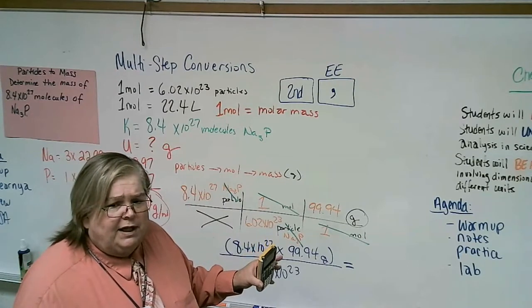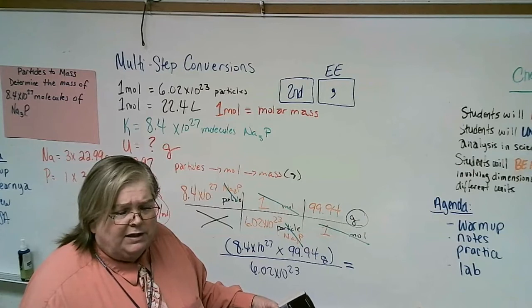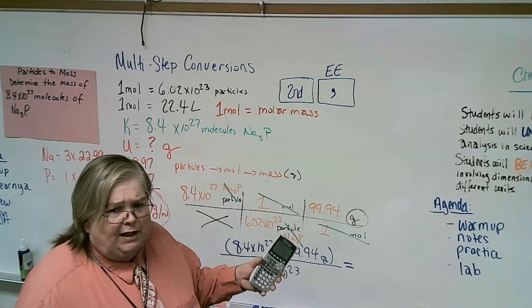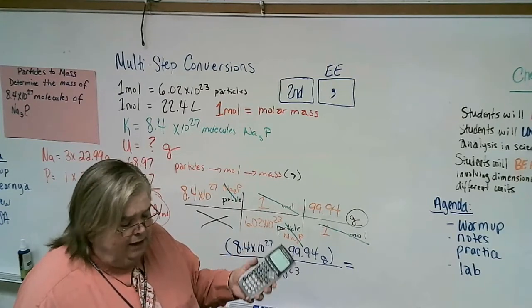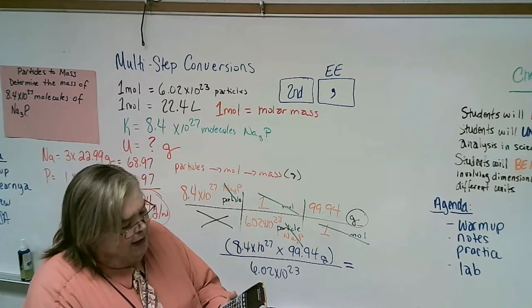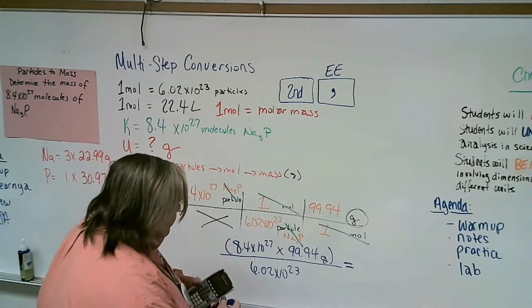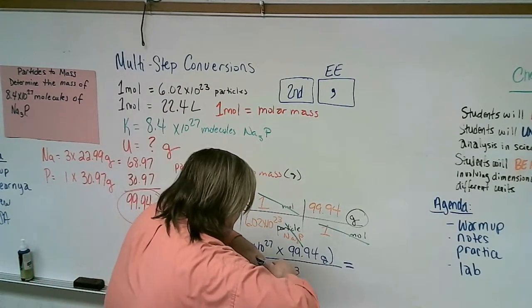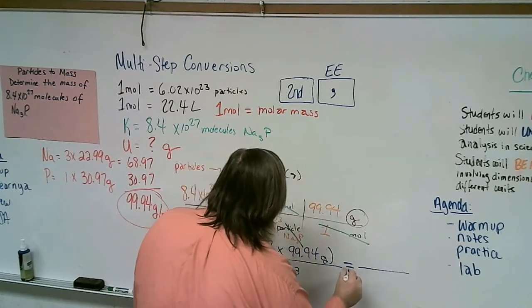Now you can do one of two things. You can either hit enter and continue on as a fraction, or you can hit divide and then put the number in at the bottom and do it all in one step. Let's do the first step first. We're going to hit enter. Because this is still a fraction, we're going to put our bar in.